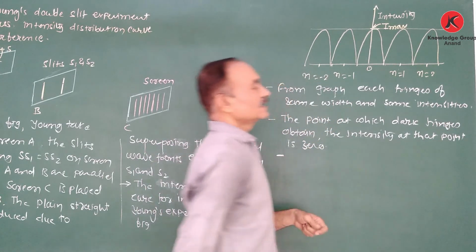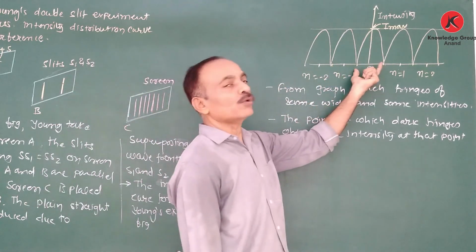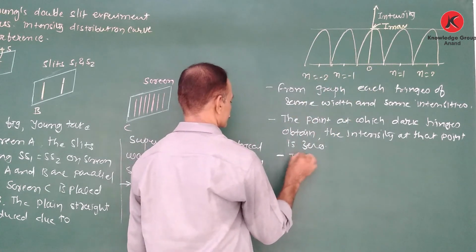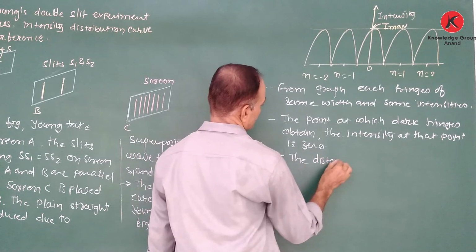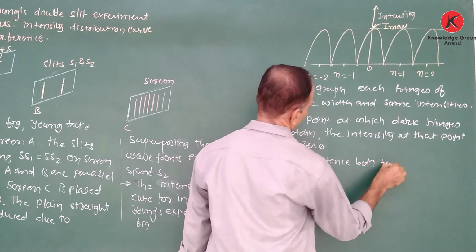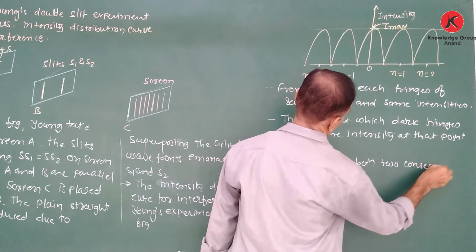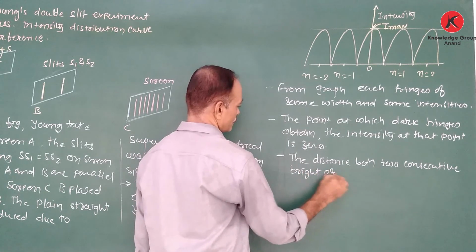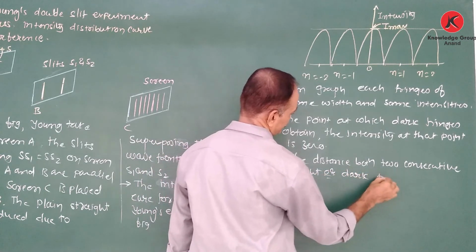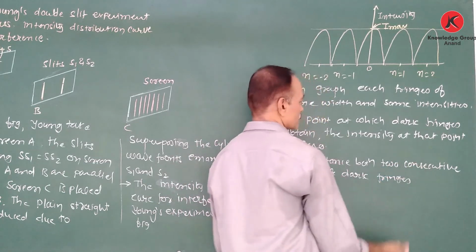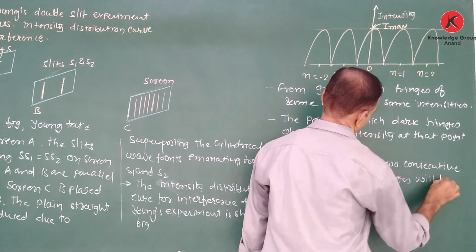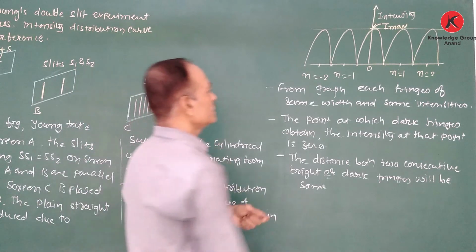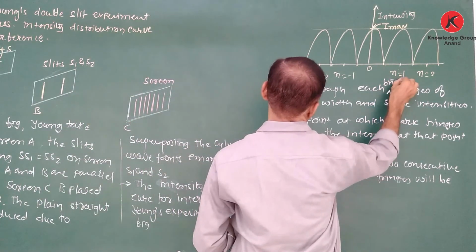And the third point is that the distance between two consecutive bright fringes or two consecutive dark fringes will be the same.